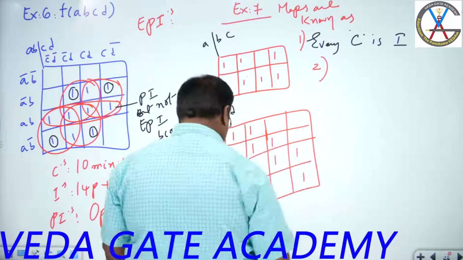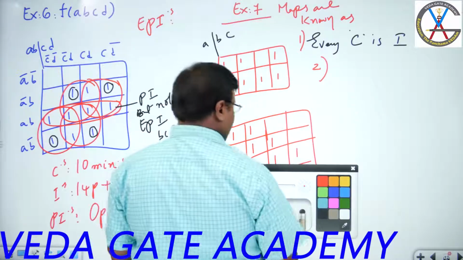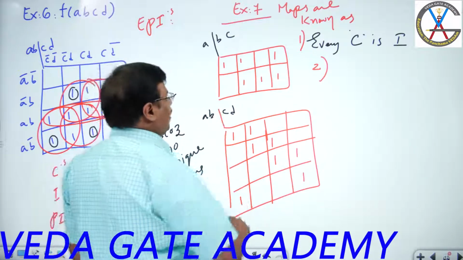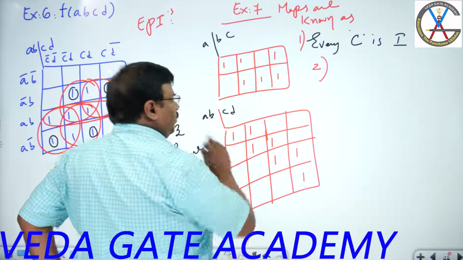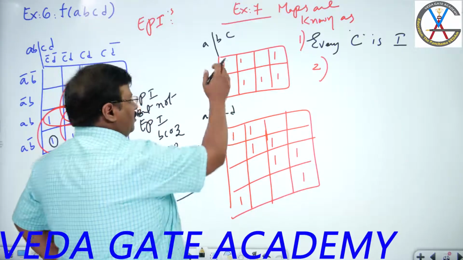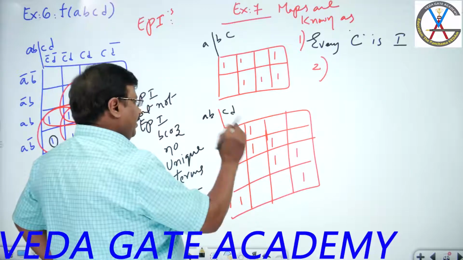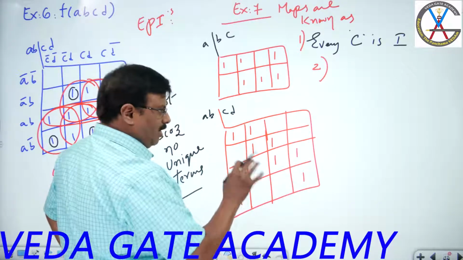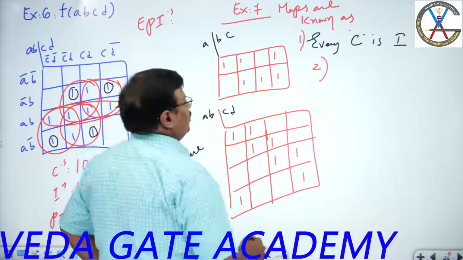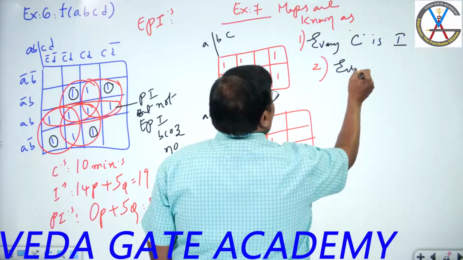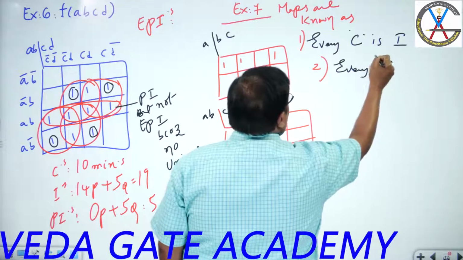Statement number 2: can I say every implicant is a prime implicant? There are only pairs in the whole two maps, only pairs, no quads. Every pair is only a 2, not 4, so it is a prime implicant. Every implicant is a prime implicant.